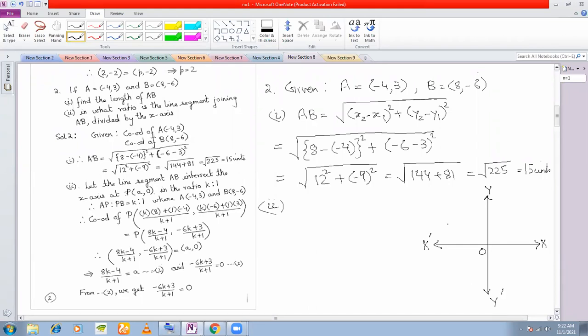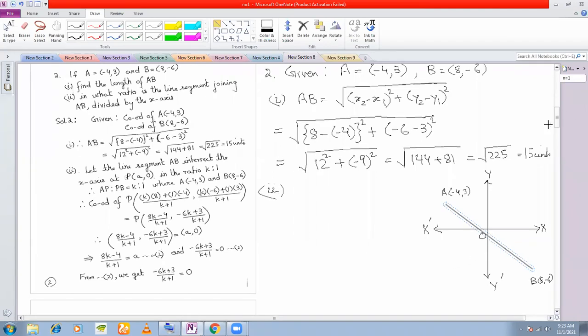Let's say A lies somewhere over here, and B is (8, minus 6). Let's say B lies over here. Okay, we join these 2 points. Just a rough figure.